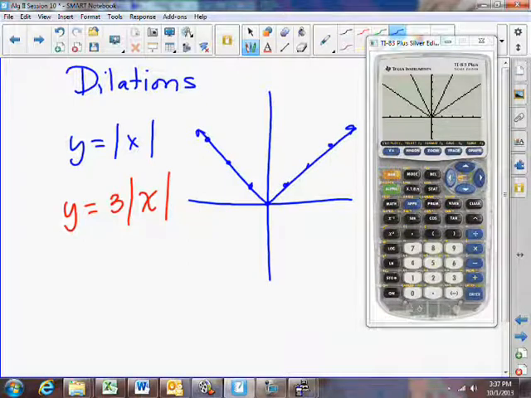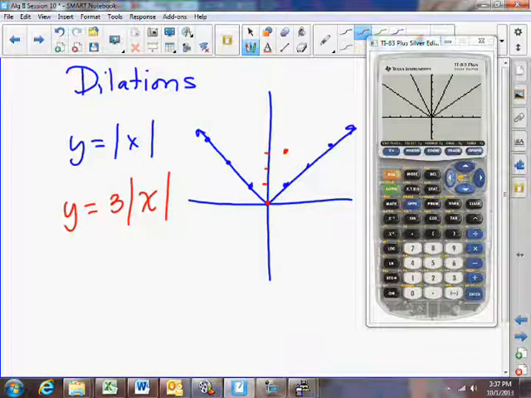But now in y is equal to 3 times the absolute value of x, when we put 0 in, 0 absolute value is 0. 0 times 3 then is still 0. When we put 1 in, we take the absolute value of 1, that's 1, and then we multiply by 3. So y is 3 times what it was in the absolute value of x graph, the blue graph.